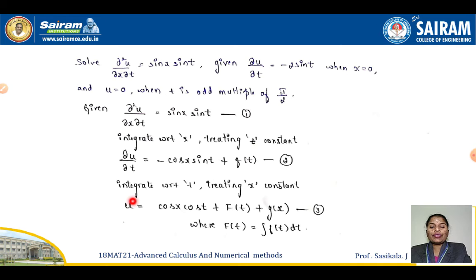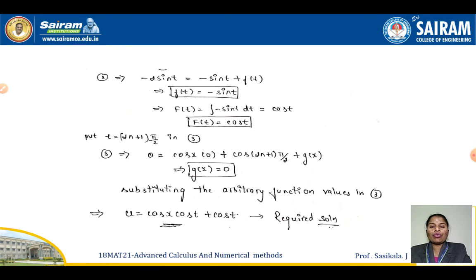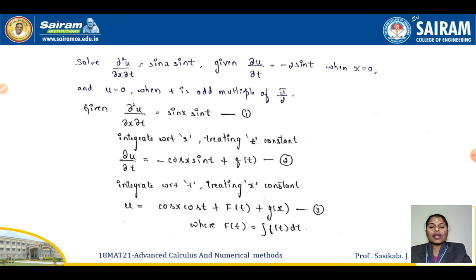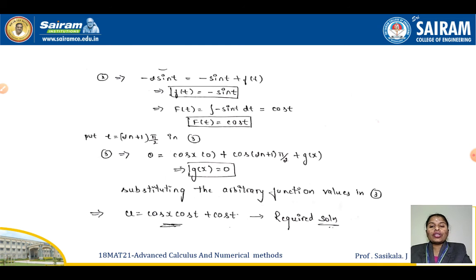u is equal to 0. Here it is 0, which is equal to cos x cos t. Cos of all the odd-number coefficients of pi by 2 will go to 0, because only cos of pi, 2 pi, 3 pi and so on will have a nonzero answer. You don't have any such pi values; all will be pi by 2, 3 pi by 2, 5 pi by 2, like that. So it will be 0 plus cos of (2n plus 1) pi by 2 plus g of x.